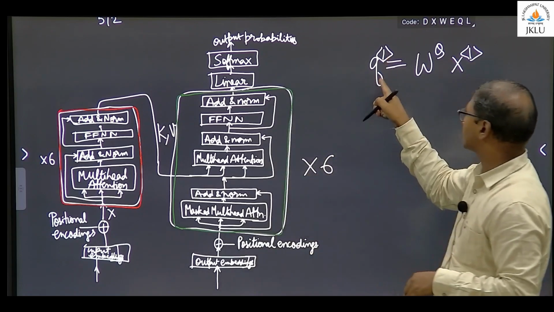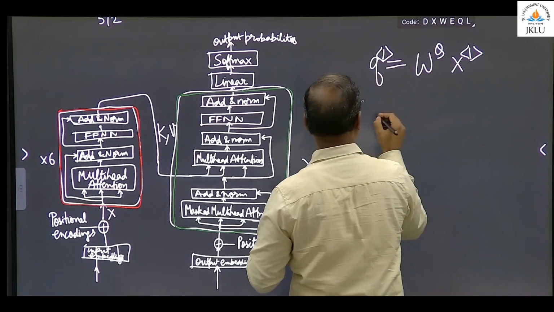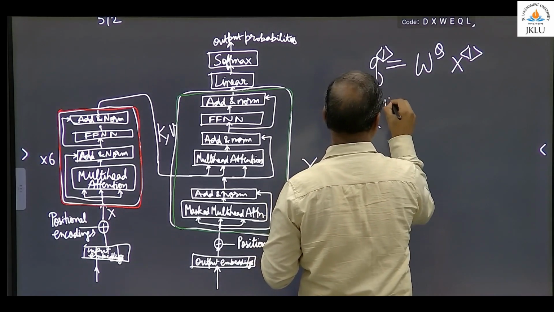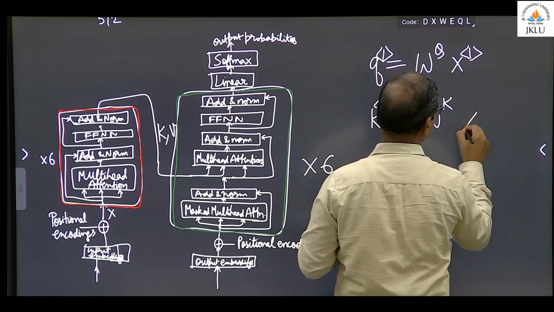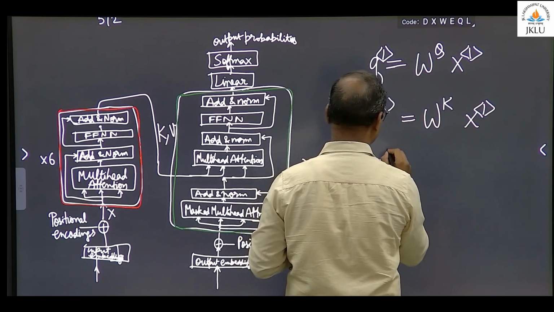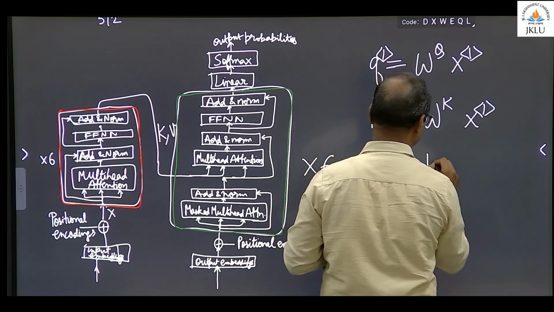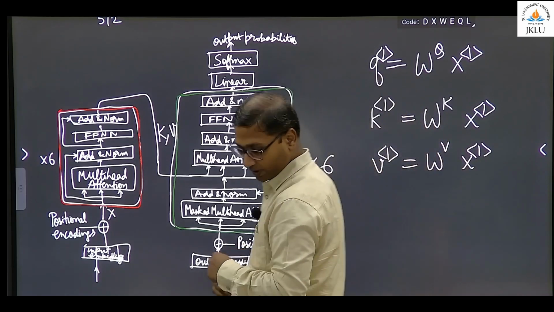Later I may just start calling it Q1, okay, but this is what we actually mean. Now how do you make K1? WKX1. How do you make what is left? V1, okay.